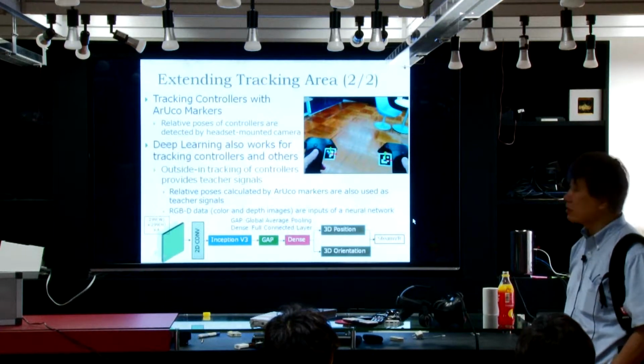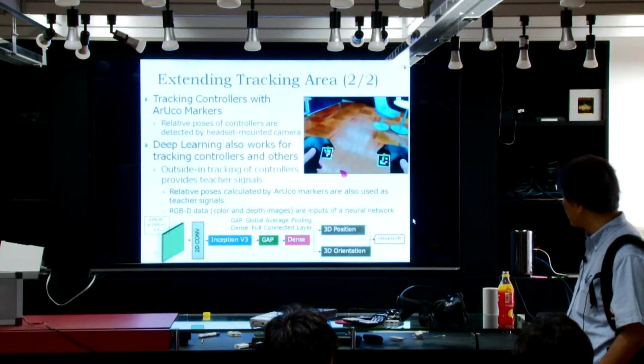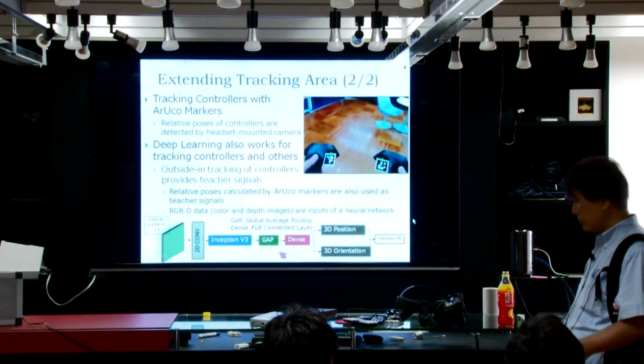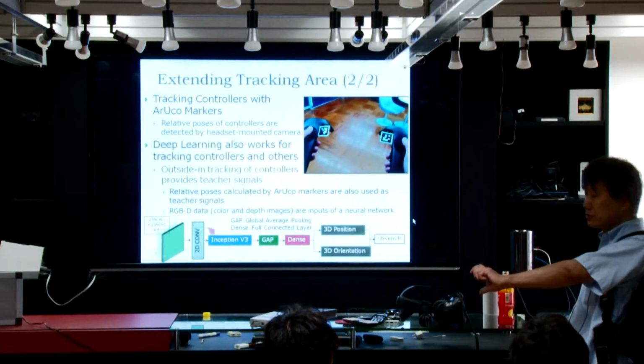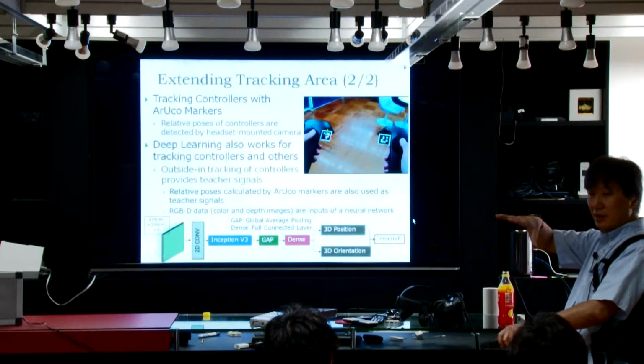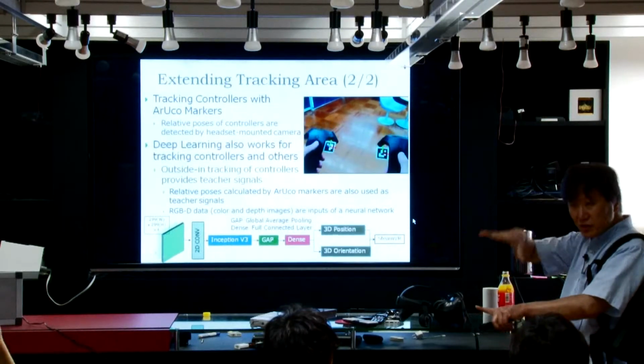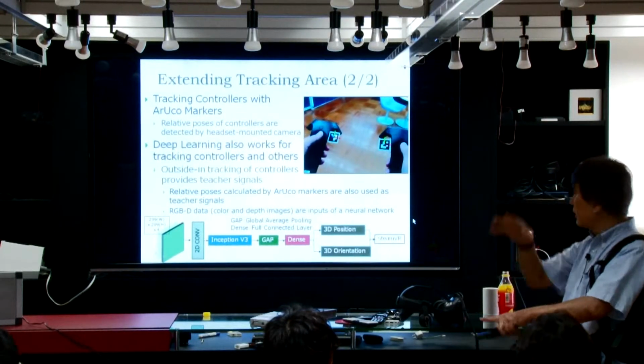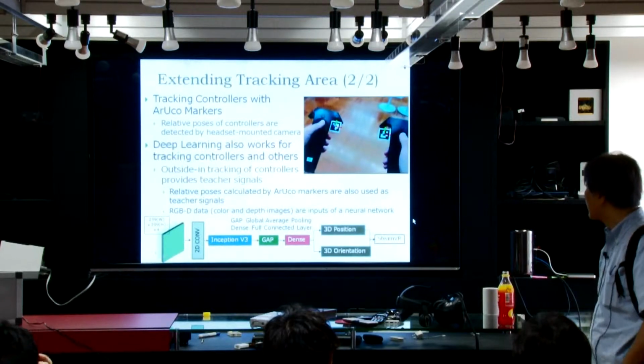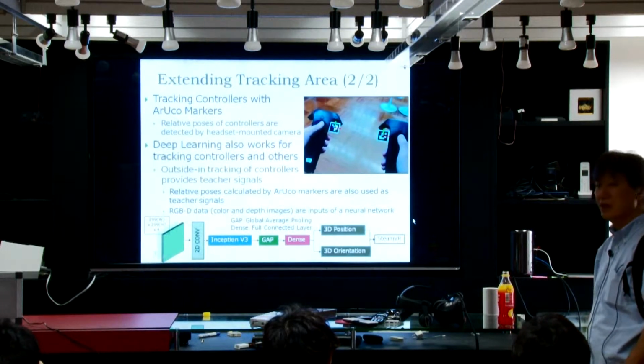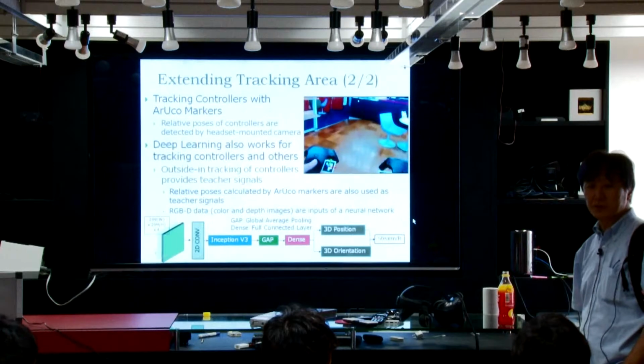In the case of the controller, we are using this kind of marker, adding a marker to the controller, then using the camera. Then it's easy to detect the position of the controller. It's like AR, augmented reality technology.